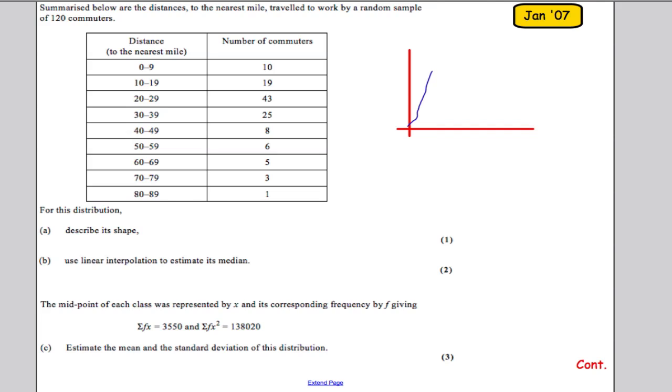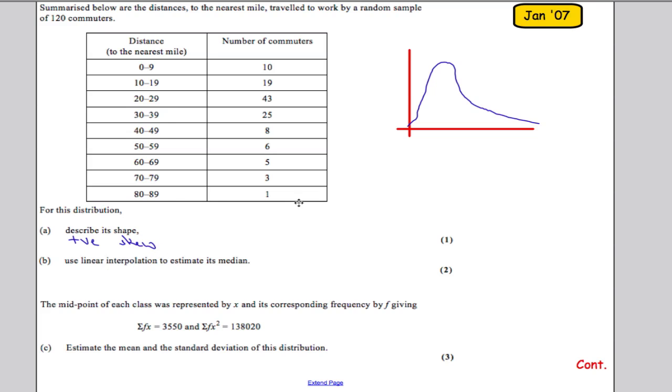The number of commuters rises sharply, and then it seems to tail off towards the end. So this would be positively skewed. Positive skew. Don't mix up positive skew with positive correlation. They're completely different. Positive skew.